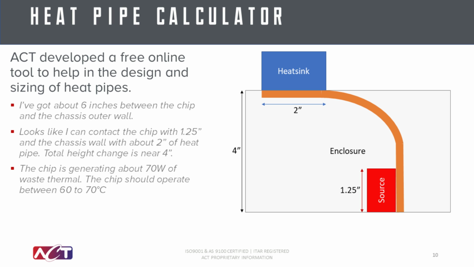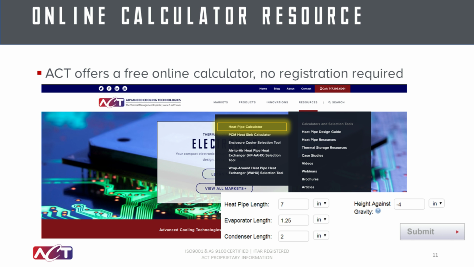So if we say that this chip is generating about 70 watts worth of thermal waste, and we believe that the chip should be operating, or that device should be operating between about 60 and 70 degrees C when all is said and done. So the first step is you'd go online to 1-act.com. In our resources tab, there is the heat pipe calculator.